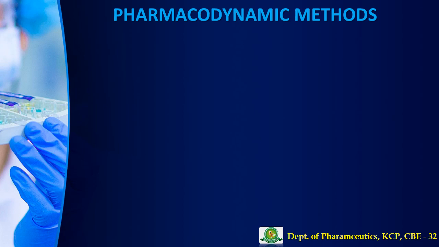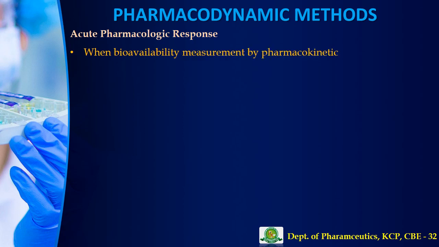Let's move on to the next method, which is pharmacodynamic. So far we have discussed pharmacokinetic methods, under which we covered urinary excretion as well as plasma level time studies. In the pharmacodynamic method, the first is the acute pharmacological response.